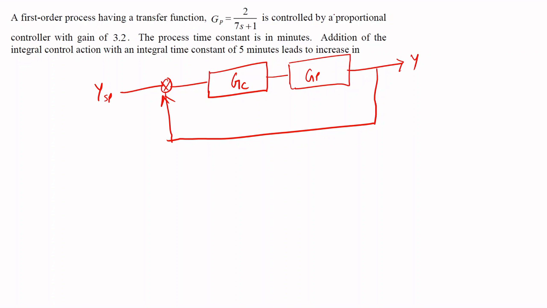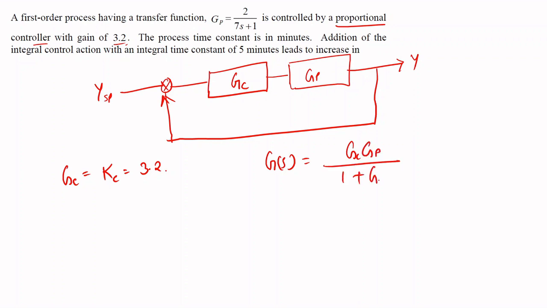So initially we have a proportional controller with a gain of 3.2, that is GC is equal to KC is equal to 3.2. Now for this we can write the closed loop transfer function as G of S equal to GC GP upon 1 plus GC GP.